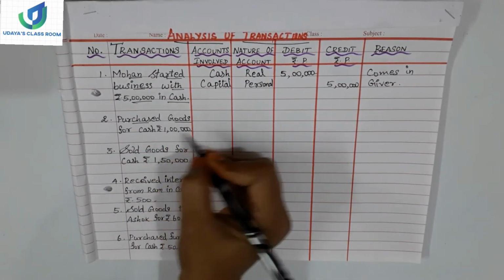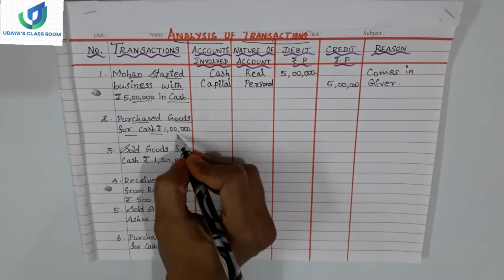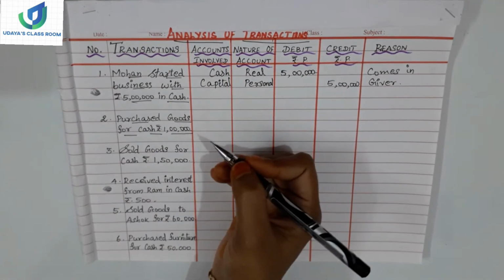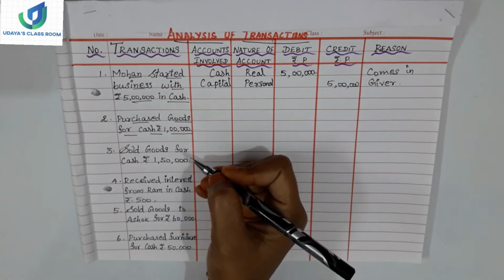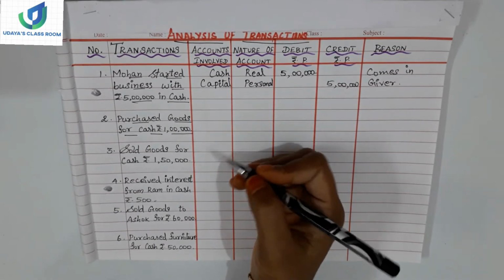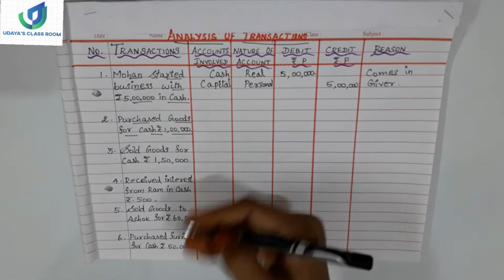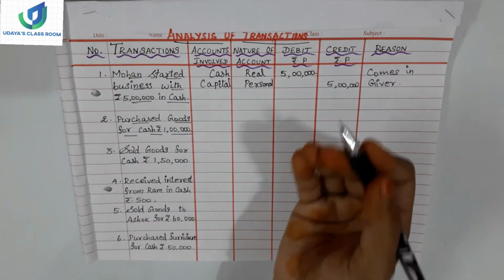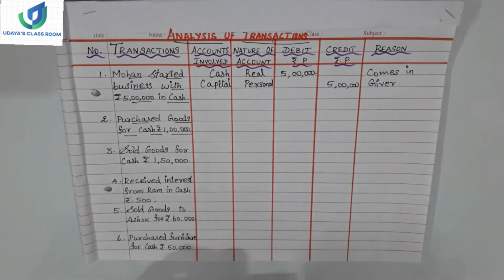Purchased goods for cash rupees 1 lakh, which means you just imagine you have purchased goods for cash. So when you purchase something, what will you be doing? One side you will be giving cash and other side you will be receiving goods. The same way, whatever we purchase, we will be giving money one side, and on the other hand we will be receiving the goods, right?